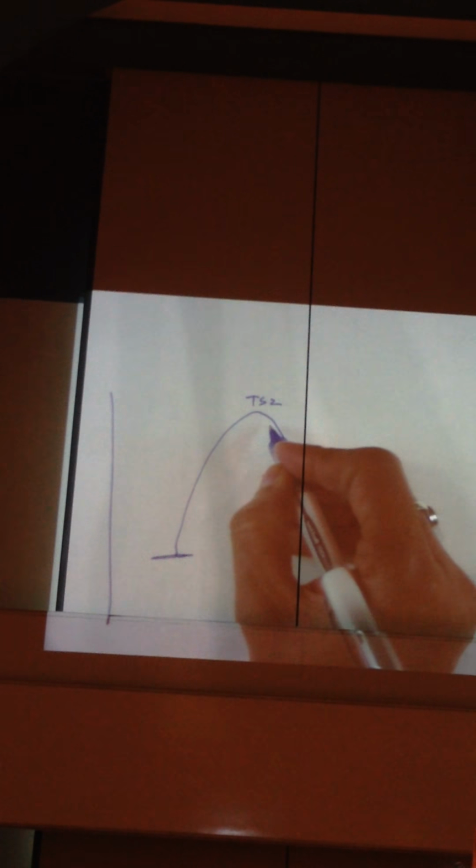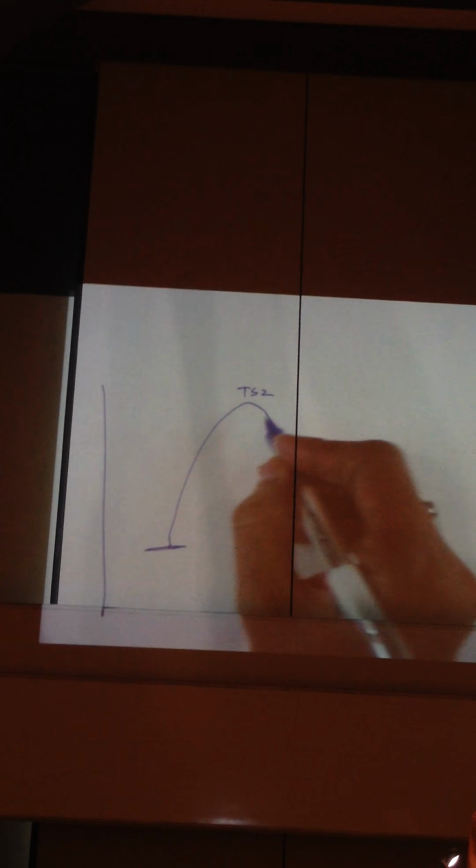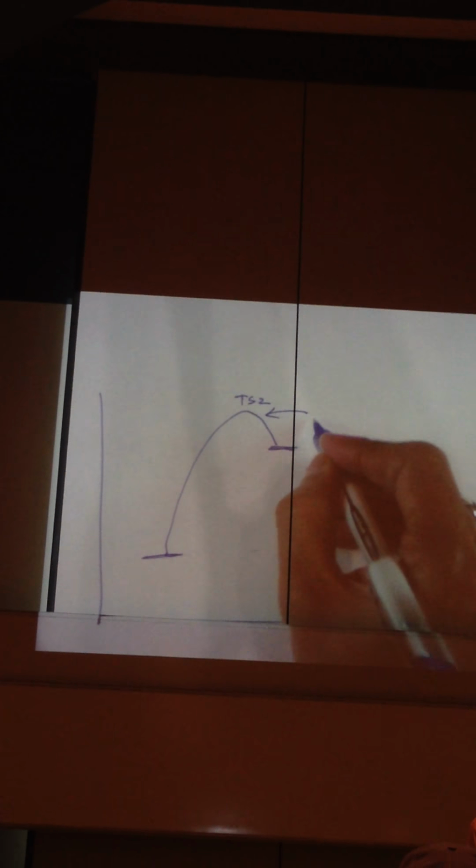The potential energy diagram for TS2, if this is the diagram for, let's say, a tertiary carbon, okay, this is, let's say, tertiary.